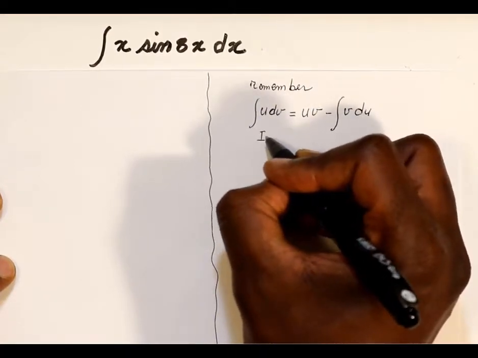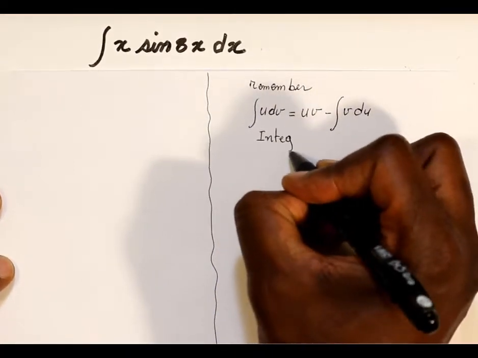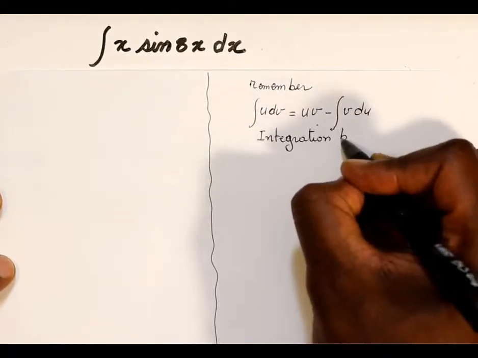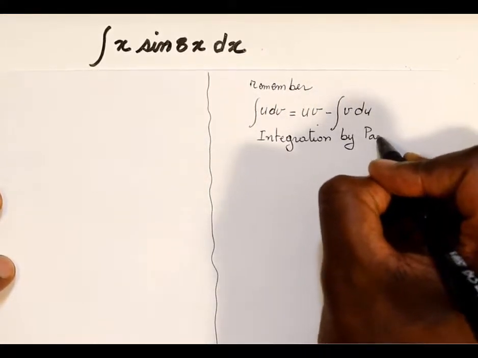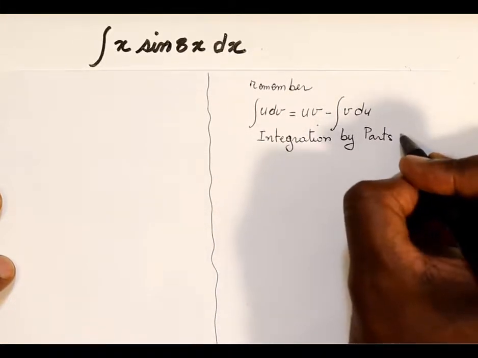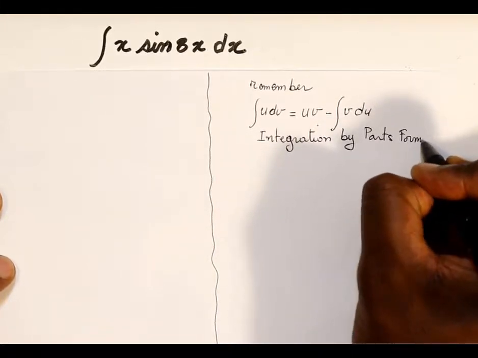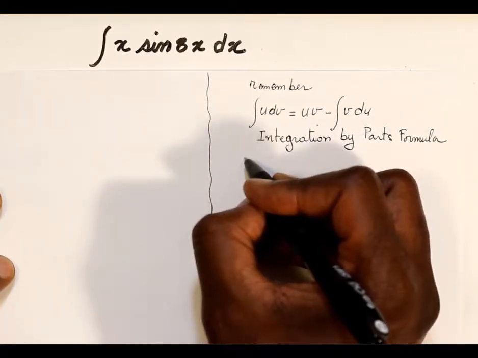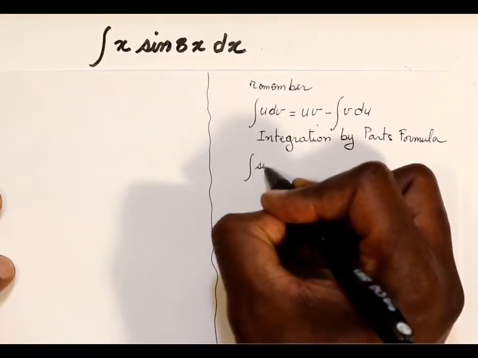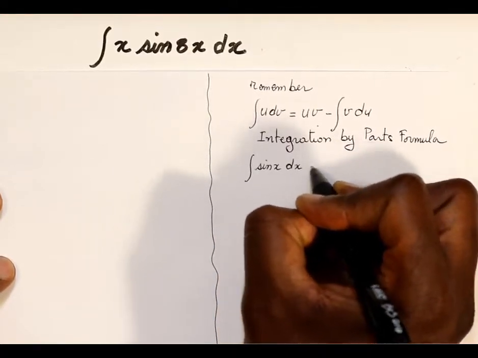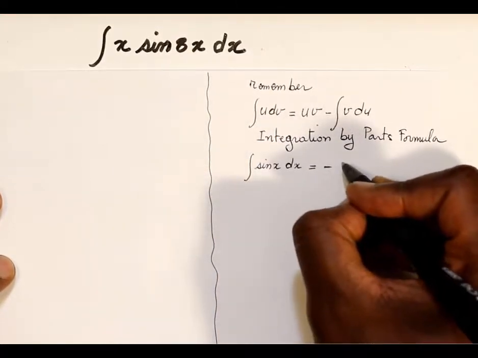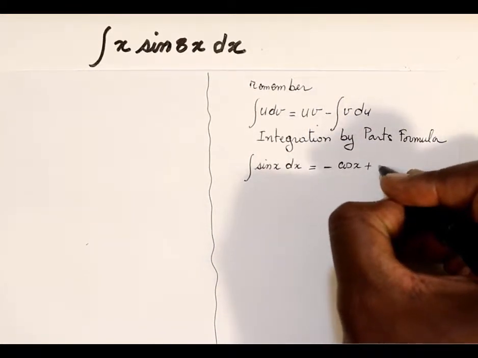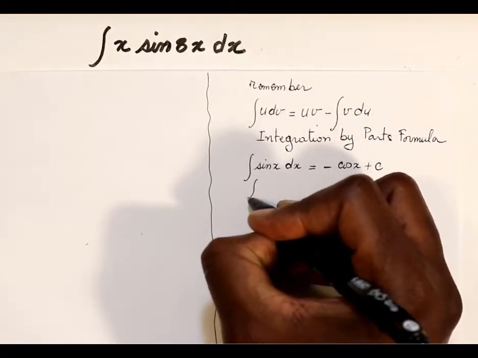The integral of u dv is equal to uv minus the integral of v du. This is the integration by parts formula. Another formula that's good to know is that the integral of sine x dx is equal to negative cosine x plus c.